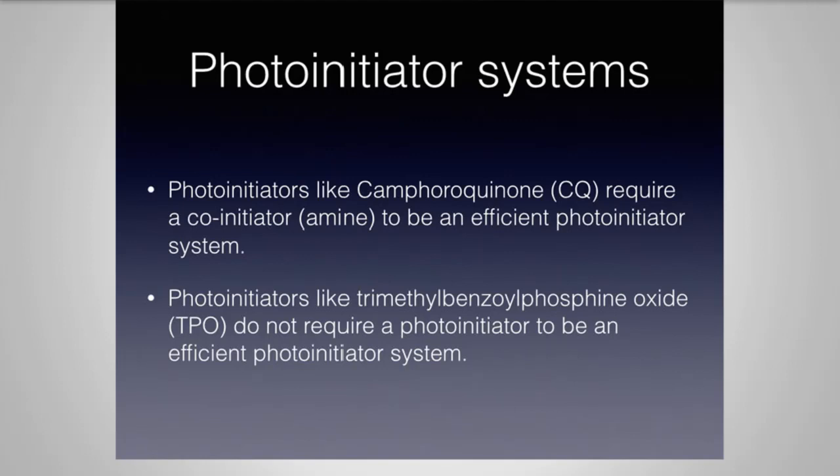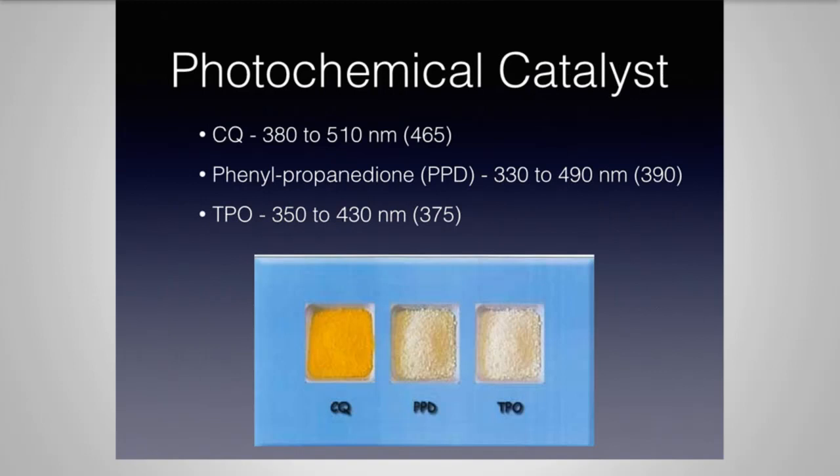But then there are also some photoinitiators like the trimethylbenzoyl diphenylphosphine oxide, the TPOs, which do not require any co-initiator to be an efficient photoinitiator system. These come in handy, as you'll see in the next slide, because the CQs and the TPOs have different colors and cure at different rates and in different wavelengths.